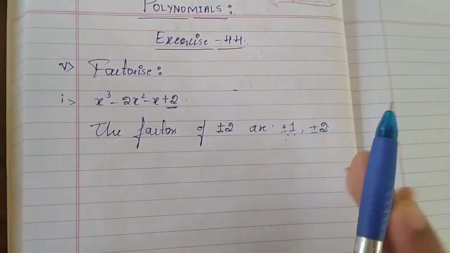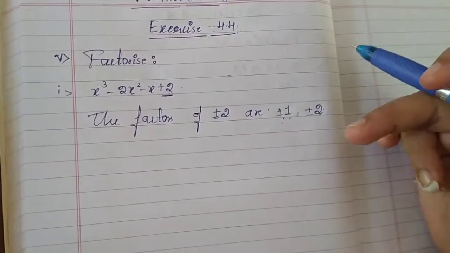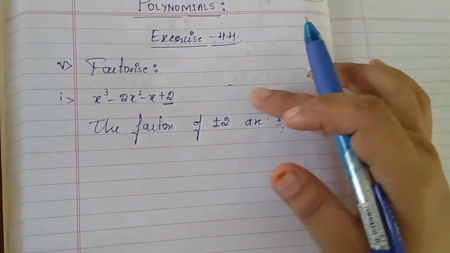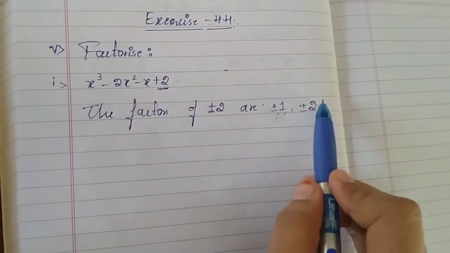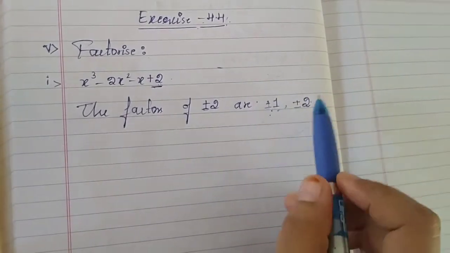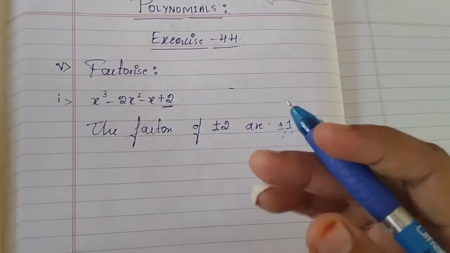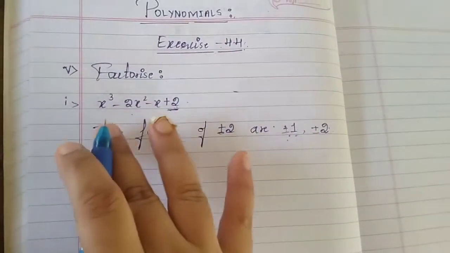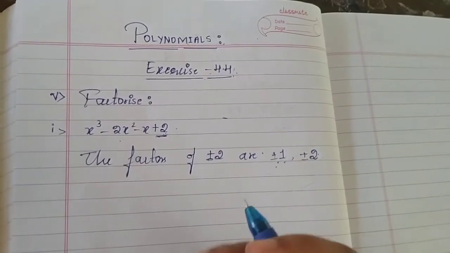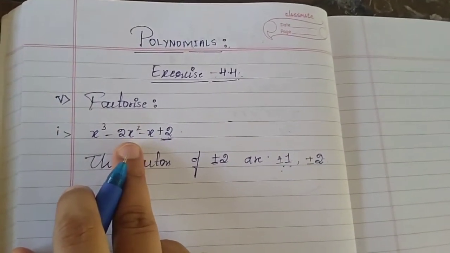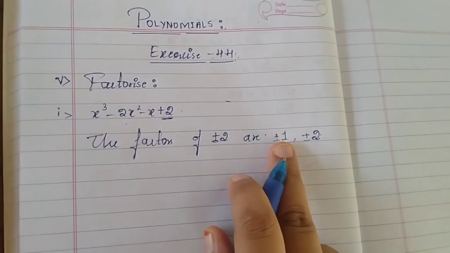I found the factors of 2 because you have to substitute any one of these values in the polynomial and check whether the answer is 0. If it is 0, then that is a factor of the given polynomial. So by trial method, first we will take plus 1.